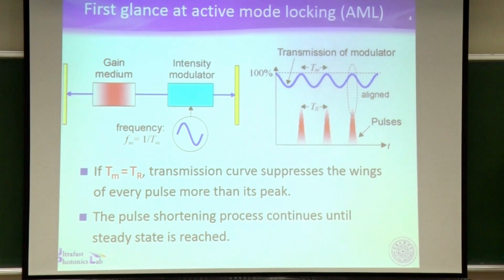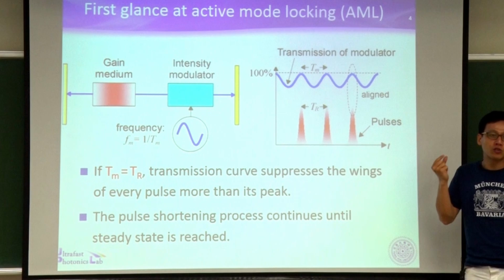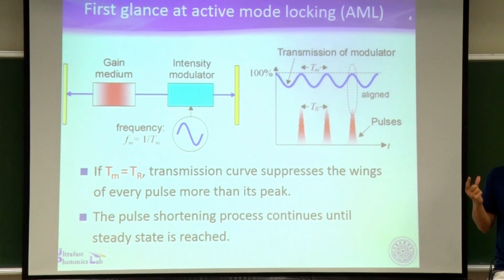And what is the steady state? The pulse cannot be even shorter anymore. The pulse shortening effect is counterbalanced by other effects that will broaden the pulse. But we need mathematical analysis to take this into account.